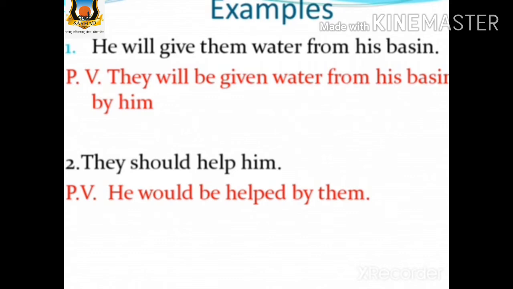Now look here. In this first sentence, he will give them water from his basin, which is the subject, students? Yes, you are correct. He is the subject in this sentence.